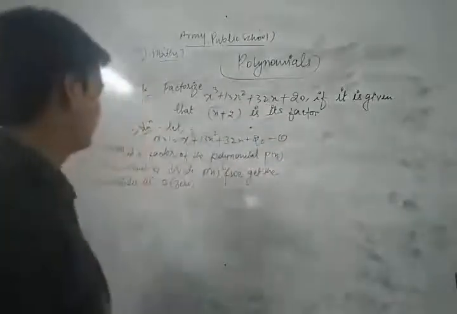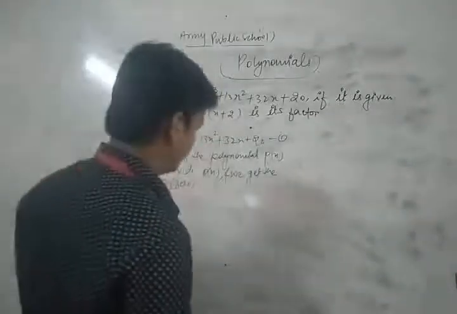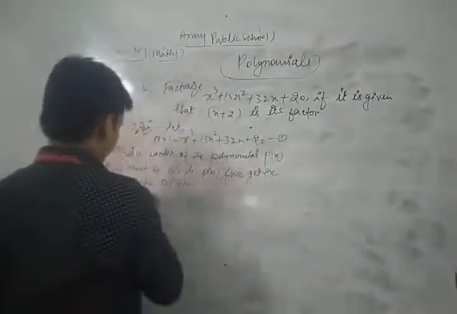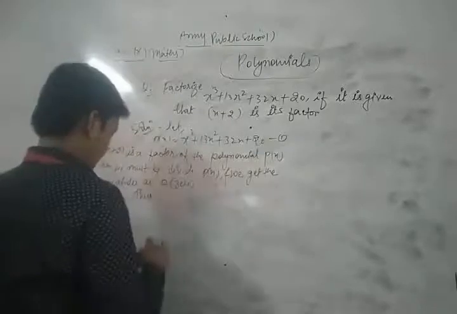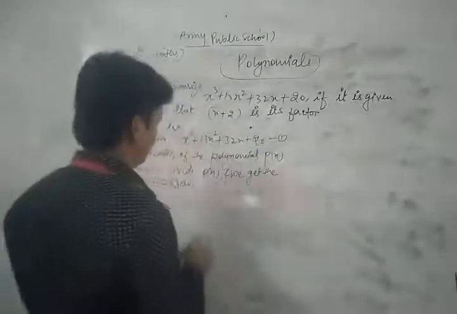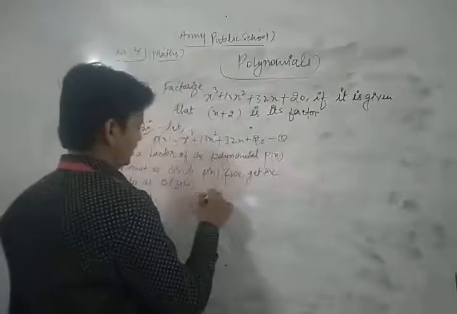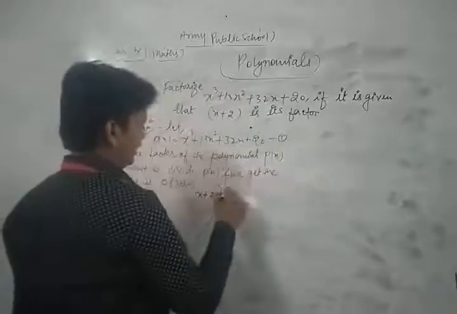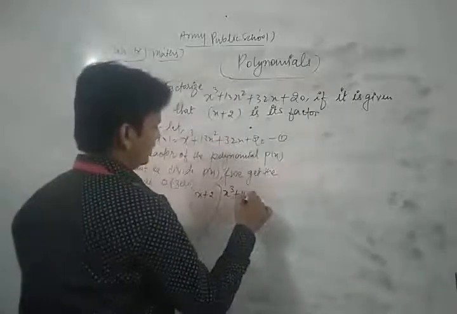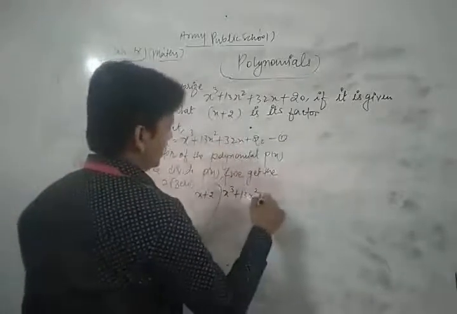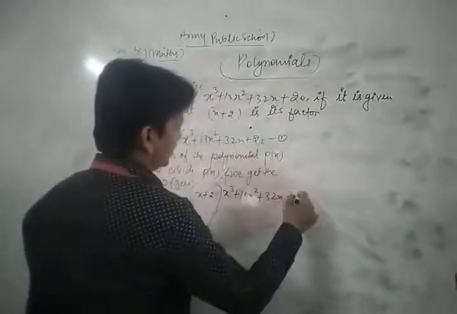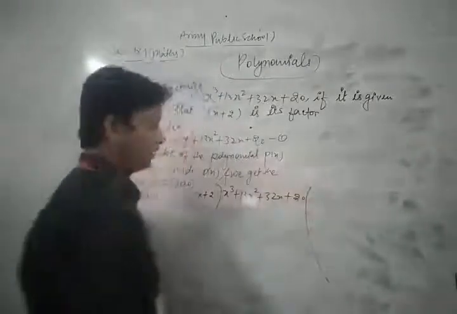Now let's see. This is x plus 2 right here, and this is x cube plus 13x square plus 32x plus 20.